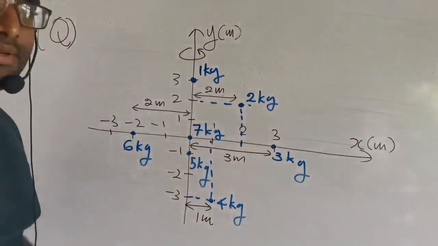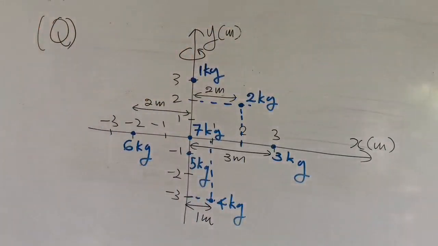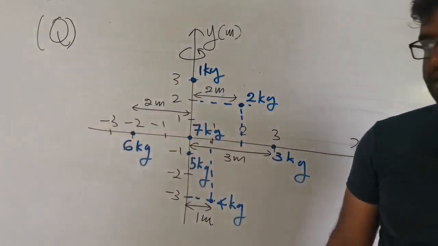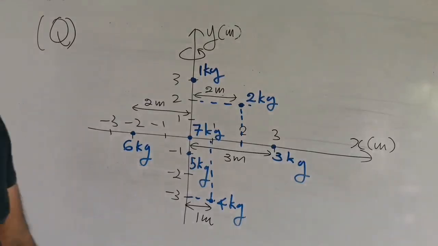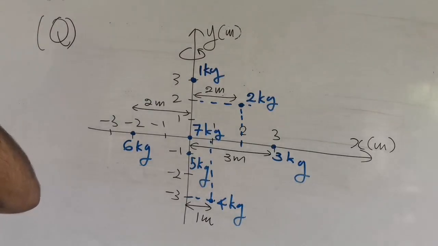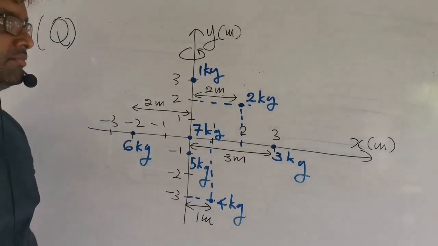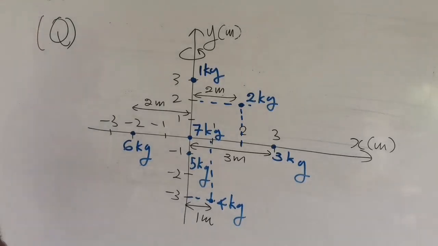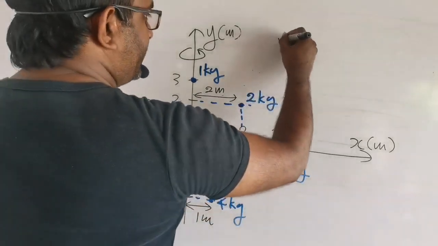If considering mass is located on the rotational axis, the moment of inertia of that object is zero, because r equals 0.